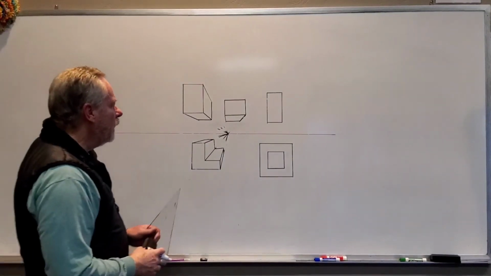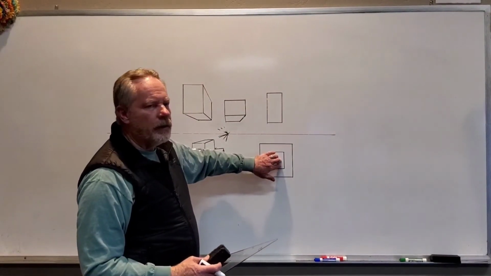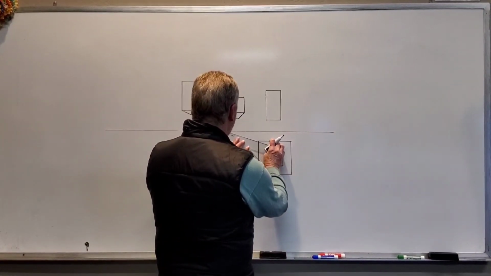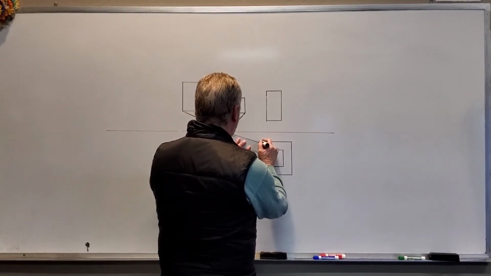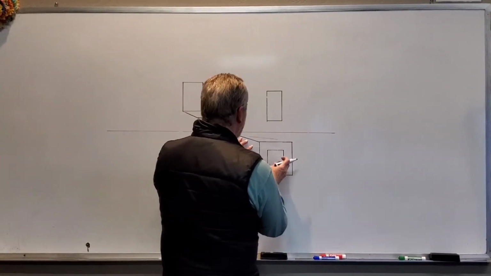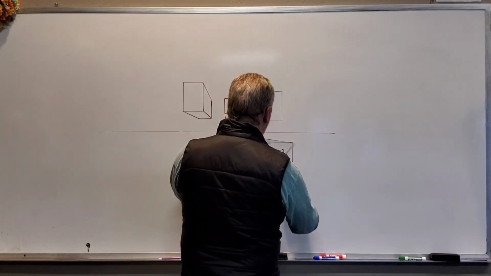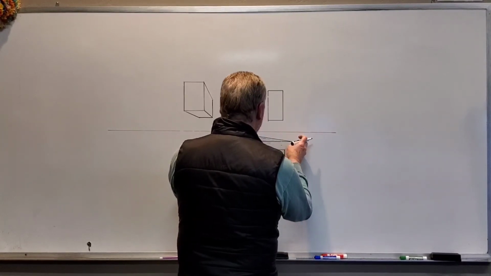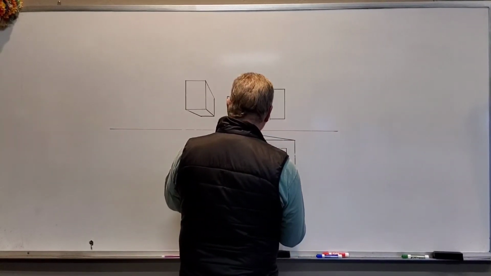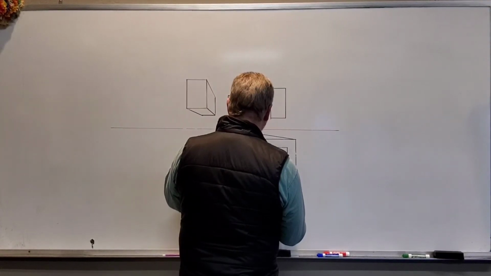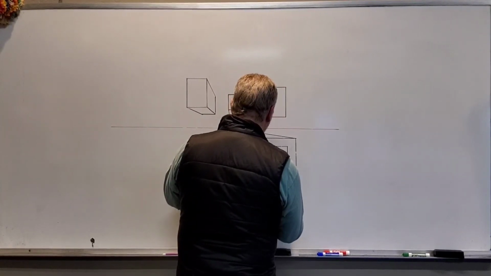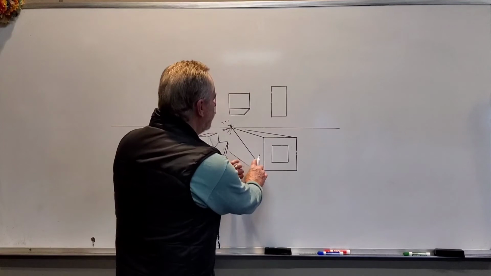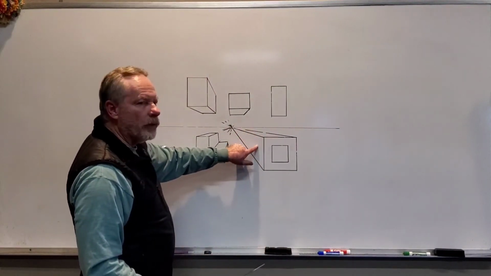Okay? Now, sometimes an object might be hollow, has a hole in it. So I'm going to draw this one coming this way. So two sides of this box are exposed, the top and then one side.